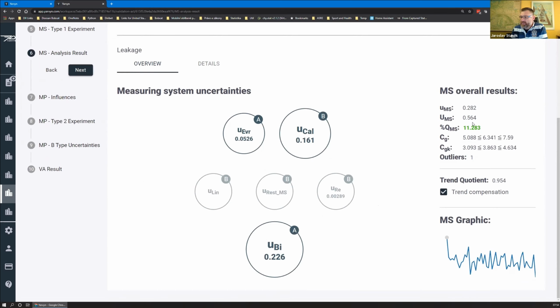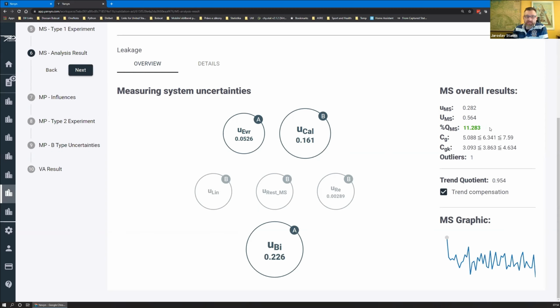So in this case, the leakage, the expanded uncertainty of the measurement system, being 0.56 cubic centimeters per minute, is adequate to the tolerance that we want to have, which is exactly 10 cc per minute.